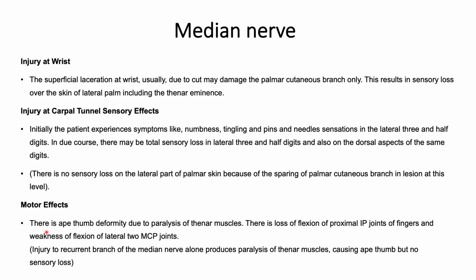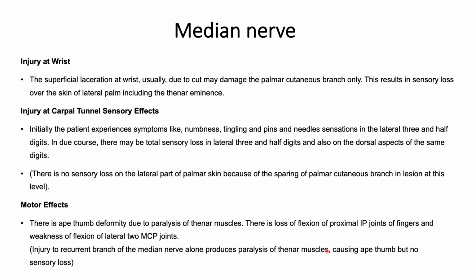There is also a branch called the recurrent branch, which is given off at the hand area. Injury to the recurrent branch of median nerve alone produces paralysis of thenar muscles, causing ape thumb but no sensory loss, because once the median nerve exits from the carpal tunnel, it gives the cutaneous branches, then it recurs back to supply the thenar muscles, that is 3 muscles.